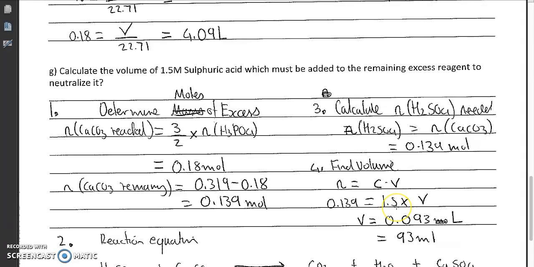Your concentration is 1.5 molar, and you're solving for volume, which gives you 0.093 litres. Convert this into millilitres because that's a more realistic volume that you're going to tell somebody. This should be given in significant figures, so 93.0, but it's 93 mL. I hope this helps, and good luck, everybody.